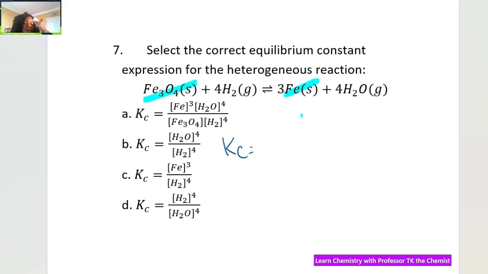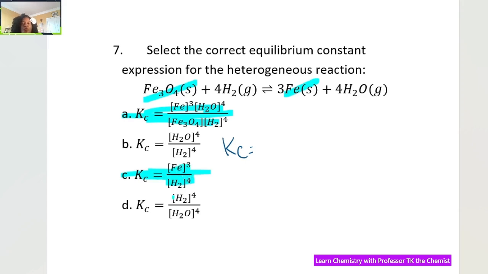Now, look for water on top, hydrogen on the bottom. Also, because we have excluded iron and iron oxide, we're going to get rid of any answer choice that shows them.